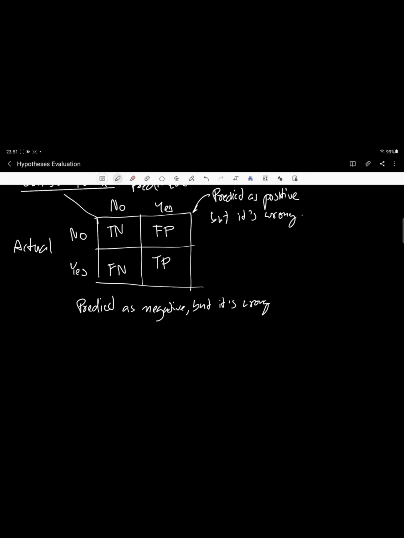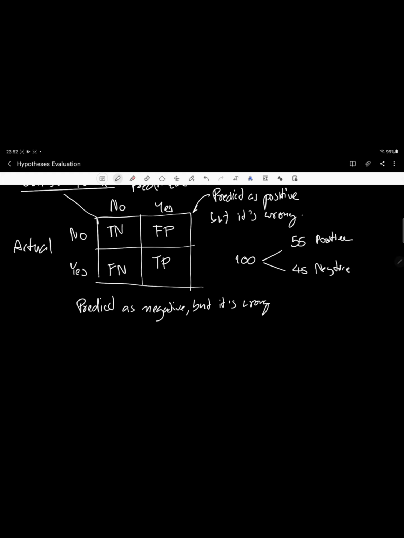For example, if you have 100 total test data, you have 55 positive and 45 negative.